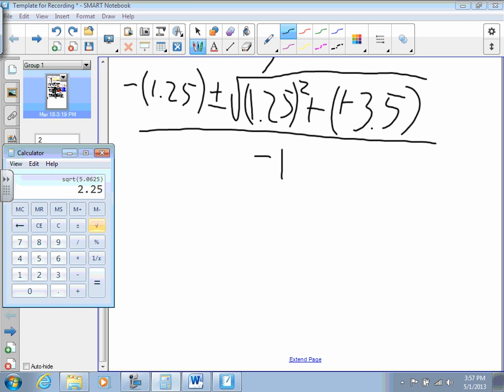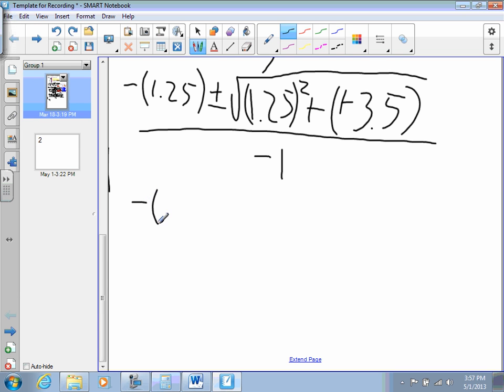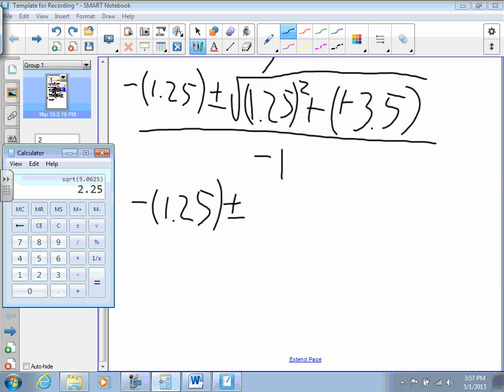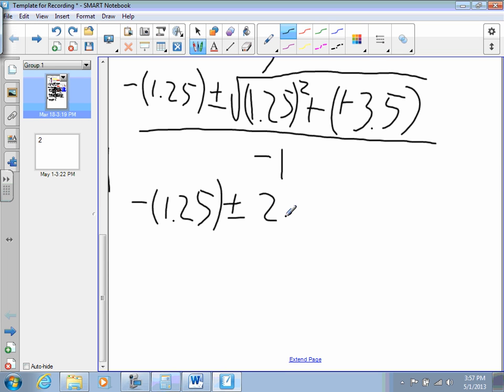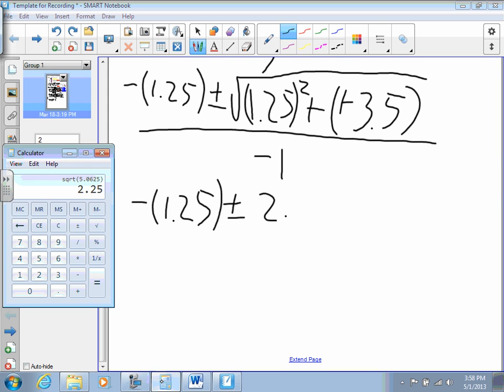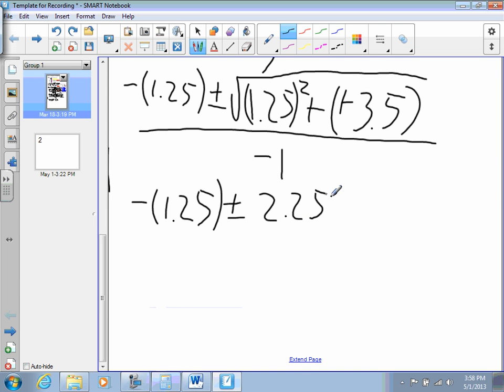There's our square root. So now we have negative 1.25 plus or minus 2.25 over negative 1. Okay. So now we break this apart into two problems.